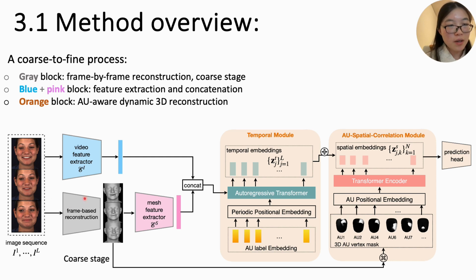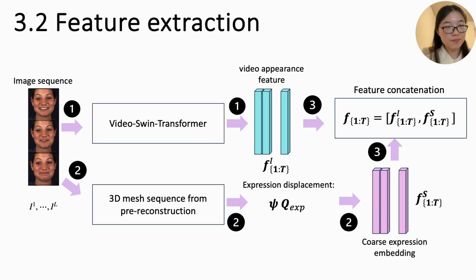The blue and pink blocks are used to extract features for both video appearance and the mesh. Then there are two models, the orange blocks, that are used to generate the AU-aware dynamic 3D face reconstruction. They include a temporal model and an AU spatial correlation model, and we will introduce them one by one in the following slides.